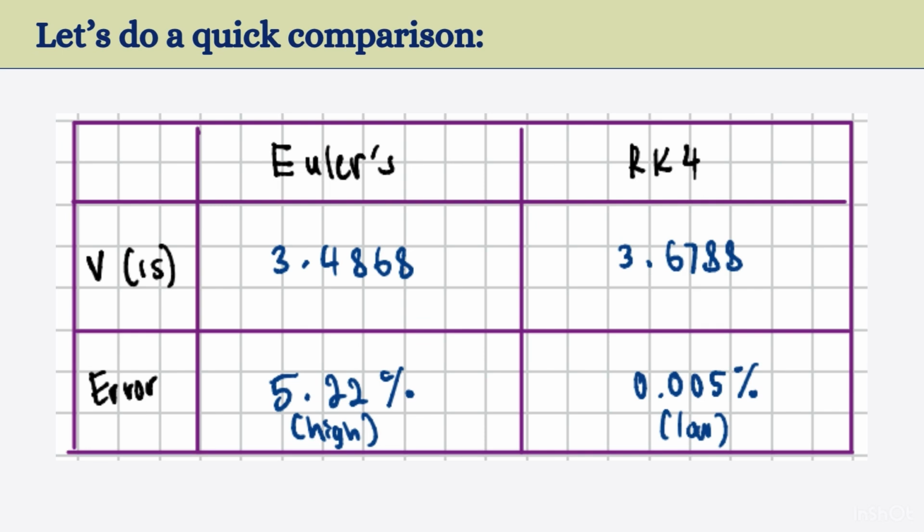For the error, Euler's method is higher, at 5.22%, but for the RK4 method, the percentage error is 0.005%, which is low compared to Euler's method.